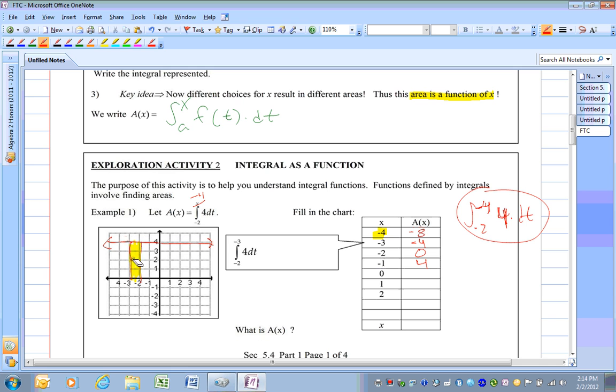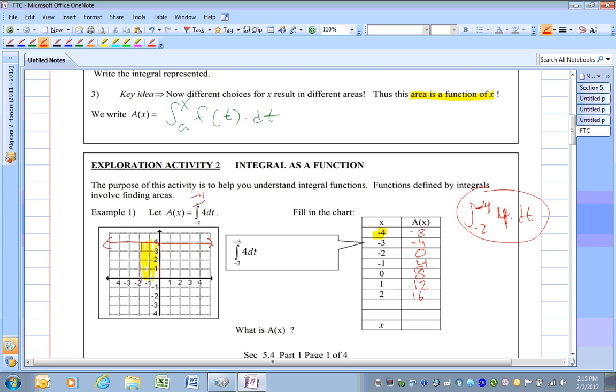If I do 0, yeah, now that's positive 8. One, be 12. And then 2, I would get 16. So you start noticing something here.